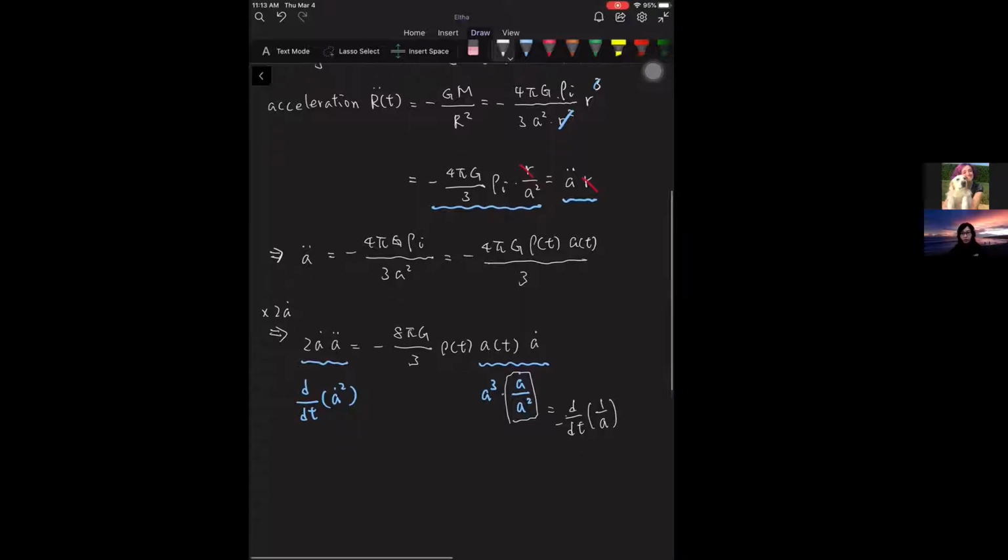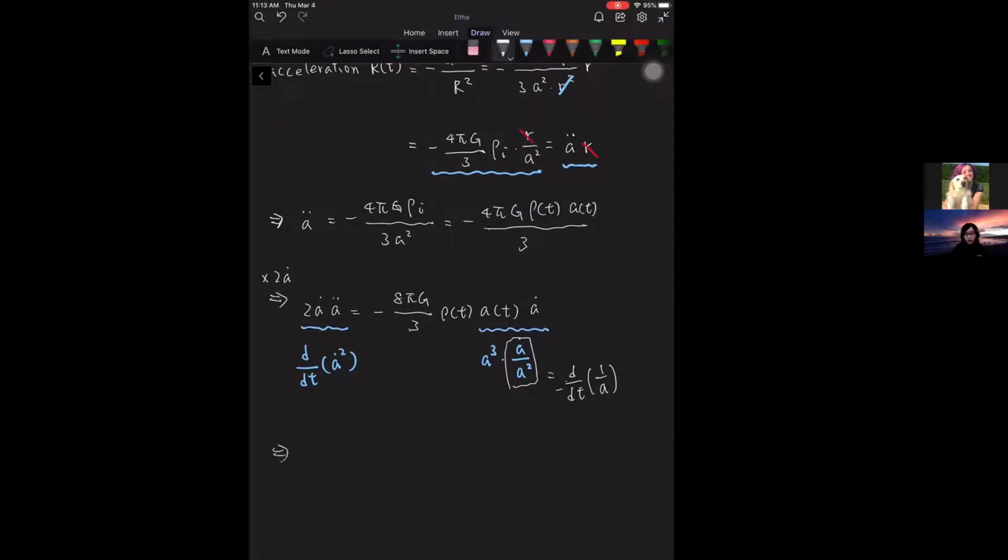So by rewriting this, we have the time derivative of a dot squared equal, so the two negative signs will cancel out, so that's 8 pi G over 3 times rho of t a cubed times the time derivative of 1 over a.